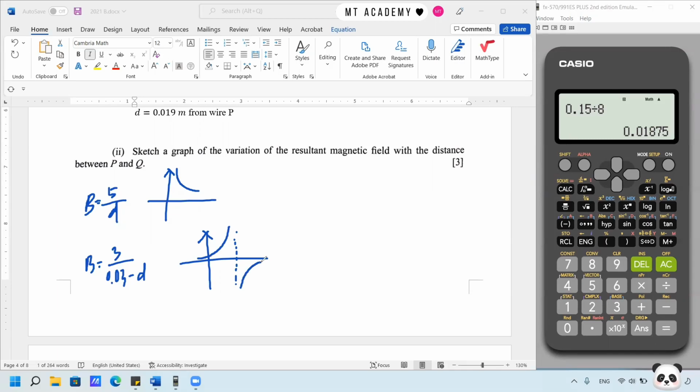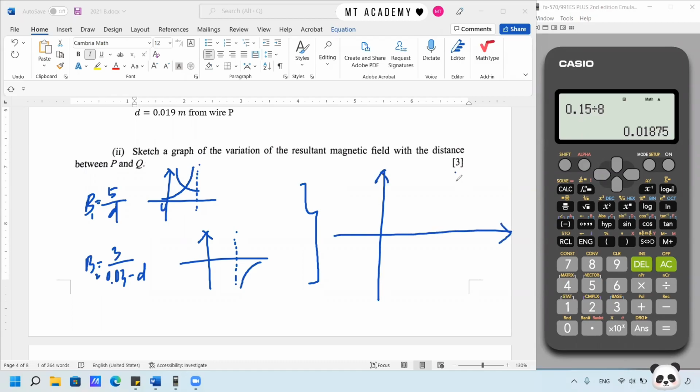Then what we're going to do is subtract B1 minus B2 and you will obtain the resultant magnetic field. This would be up to the distance 0.03 meter. We just need to sketch the graph of the resultant magnetic field between wire P and wire Q, which means from 0 to 0.03.